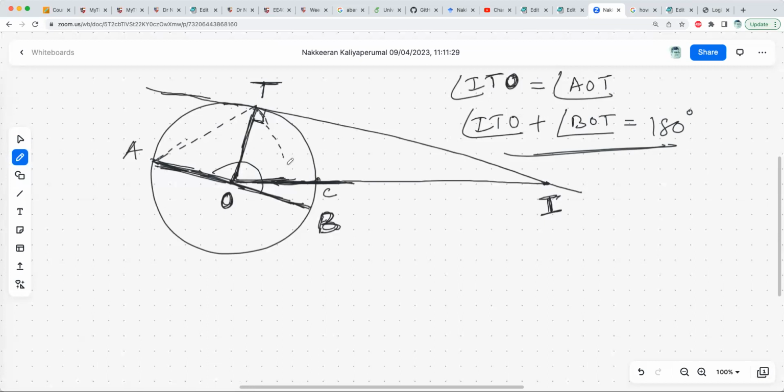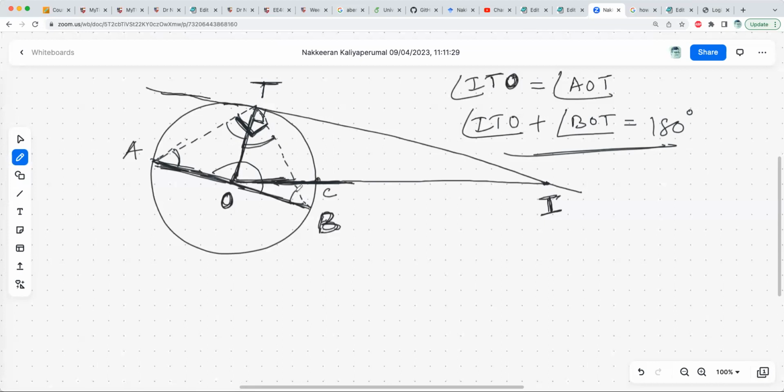Now, if you tell me this is 90 degrees, I won't ask you a question because last week we have proved this, right? Yes. So if this is 90 degrees, then what we have proven: this angle must be equal to this, because this is an isosceles triangle. Isosceles, yes.